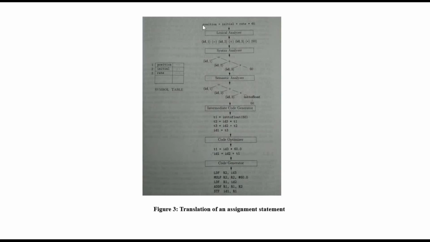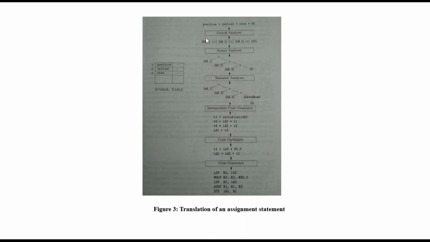Your source code is position equal to initial plus rate into 60, and your target code is converted into machine code. First your source code, written in any language, is passed through the different phases of the compiler, and finally it generates the target code which the machine can easily understand. The source program is passed to the lexical analyzer.